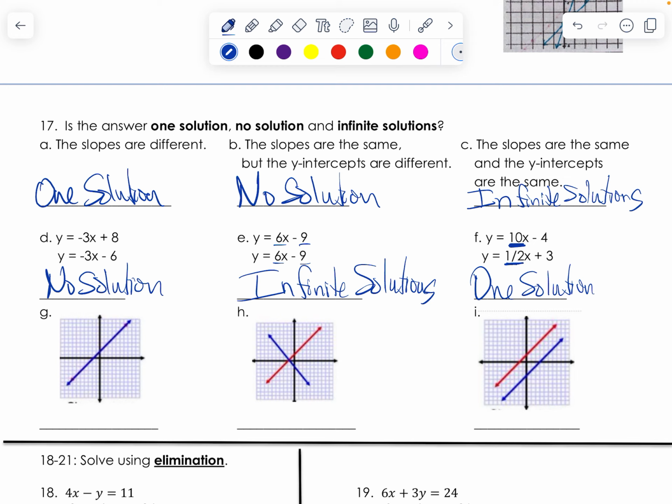This one, there are two lines on top of each other, so that is infinite solutions. There is one solution. There are no solutions.